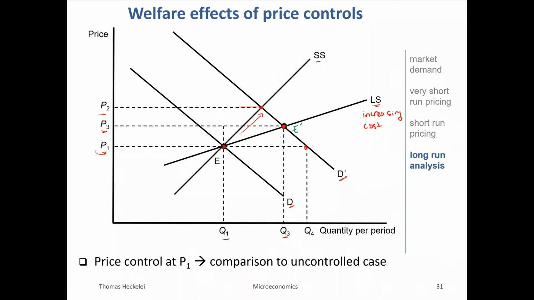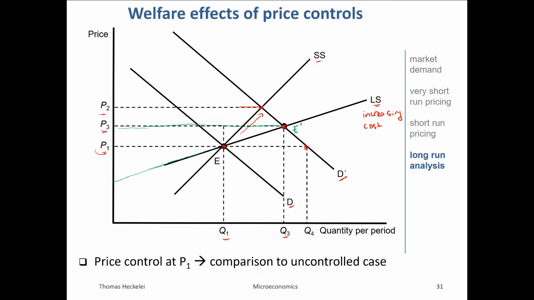Here I rewrote the E-prime again, just easier to talk about later. So now if that had been at the equilibrium without price control, then the whole part here from P3 to E prime back along the long run supply curve until here is producer surplus.